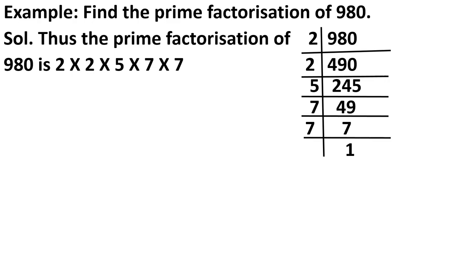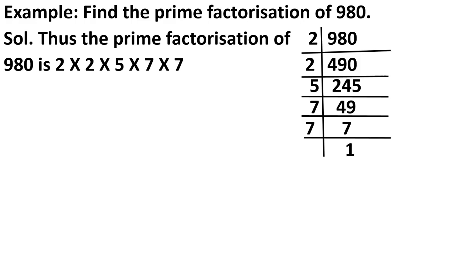So check by 3 now. How will we check by 3? Sum of all the digits. So 2 plus 4 plus 5 is 11. Is 11 divisible by 3? No. That means 245 is not divisible by 3. Now after 3, the next prime number is 5. So check it by 5.